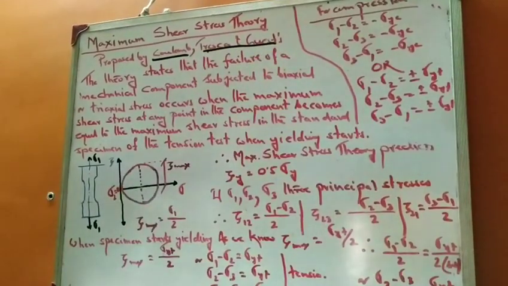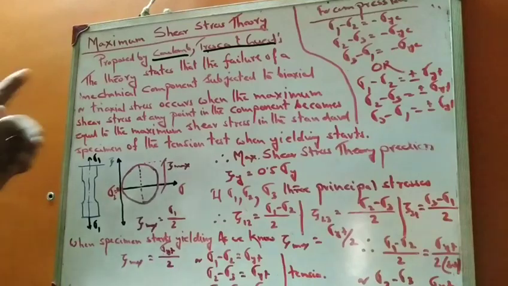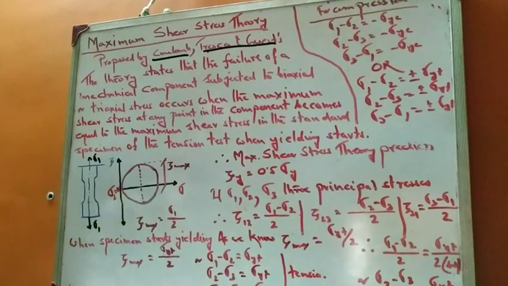The theory basically states that failure of a mechanical component subjected to biaxial or triaxial stress, I have explained in my previous lecture what is biaxial stress and what is triaxial stress.